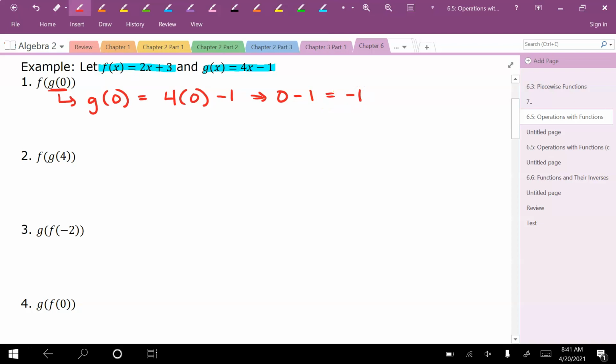So the second thing that we're going to do now is we're going to take this negative 1 value and we're going to put that in for f. Because what the problem wanted me to do was to take g, evaluated at 0, and put it into f's function. Well, I did the g at 0 first, and I got negative 1. So now I'm going to take negative 1 and put it in for f's function.